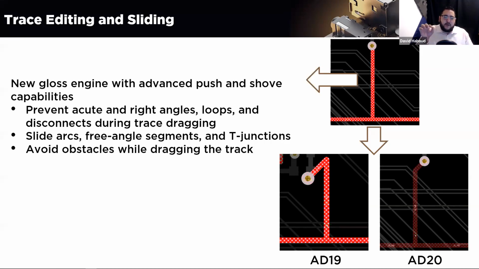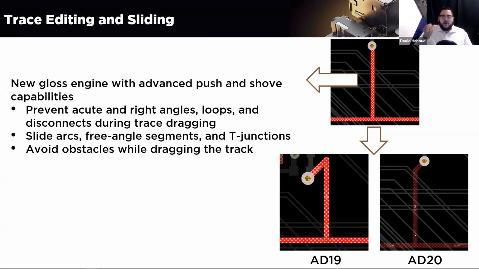You see here in 19, when I tried to move this T-junction, it made this little acute angle. It's not going to make these acute angles anymore, preventing right angles, preventing loops, and also, like I said, disconnects. The cool thing is when you have a T-junction, it now identifies that it's a T-junction, and you can move it all together. It identifies it and moves it as one piece, so it makes it really easy to slide.